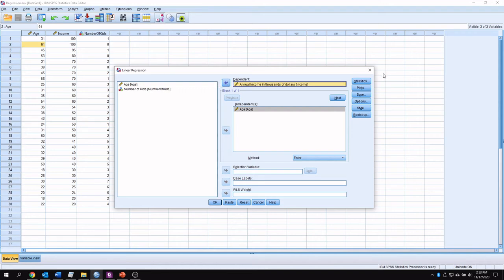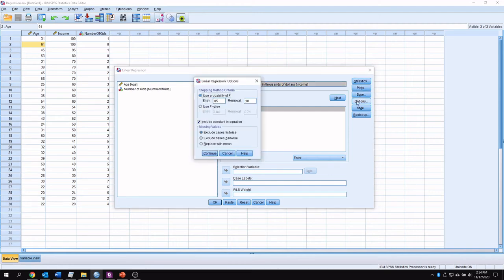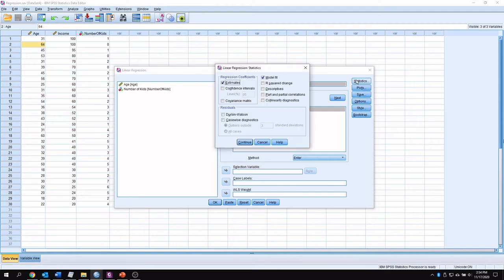And from there, we are going to go into statistics, and we're going to click confidence interval and model fit. We'll choose that. We'll choose descriptives. R squared change and collinearity, that's something we can do in our next video when we use more than one predictor variable, but for now we'll keep that as is.